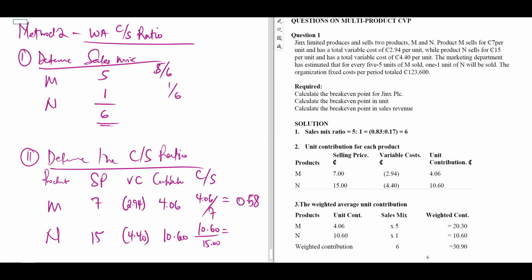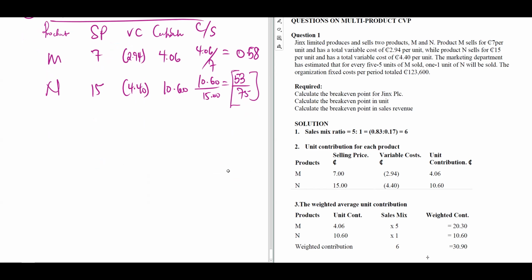That is 0.70666667, which is 53 over 75. I told you when it is a decimal like this, you keep it as a fraction, so I'll just leave it as a fraction.